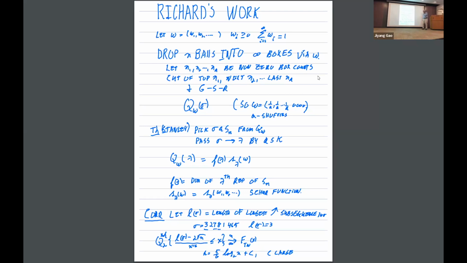It's called Bloom's metric. So one can ask, suppose you shuffle cards, what's the distribution of the length of the longest increasing subsequence, and how long does it take to get to its limit?